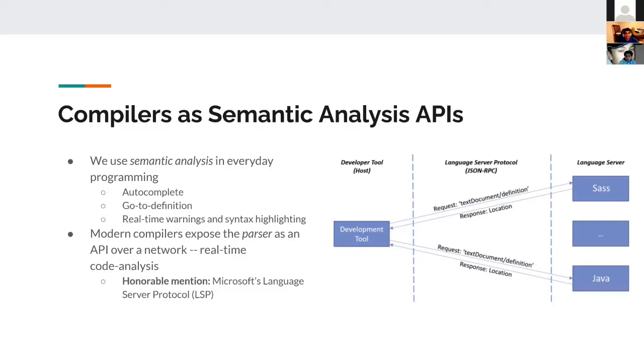So in order to analyze this meaning, the first logical component of software to automatically analyze the semantics of code in a certain programming language is the compiler itself. It has to do that to represent that code as a data structure. But we also use that principle in a lot of different things.